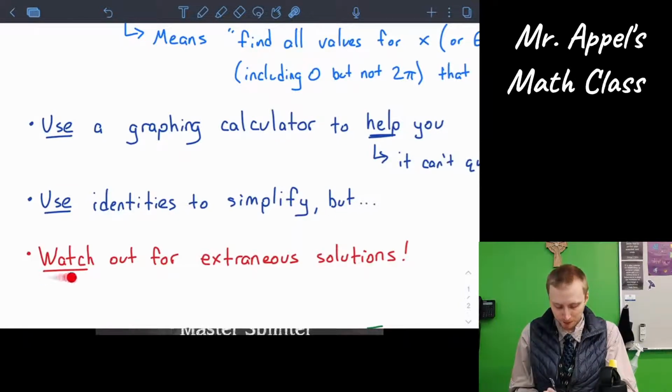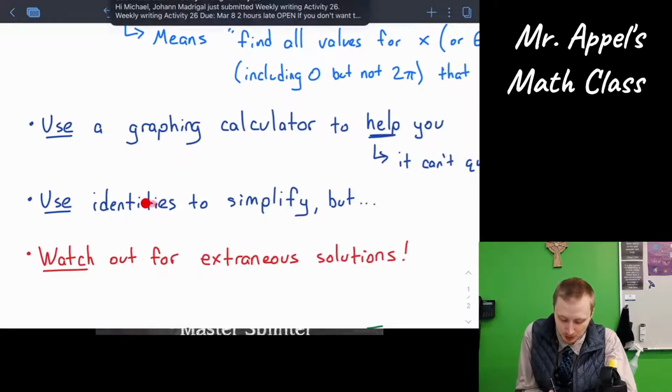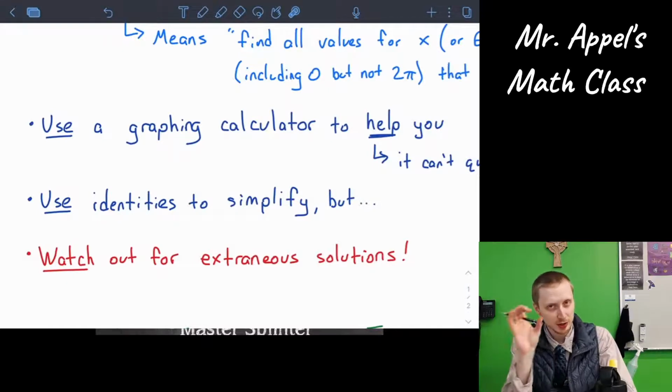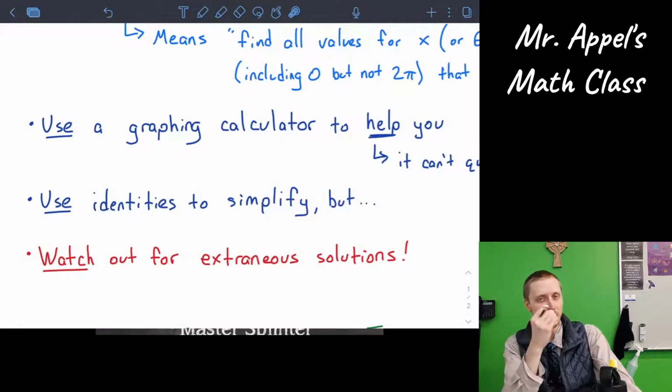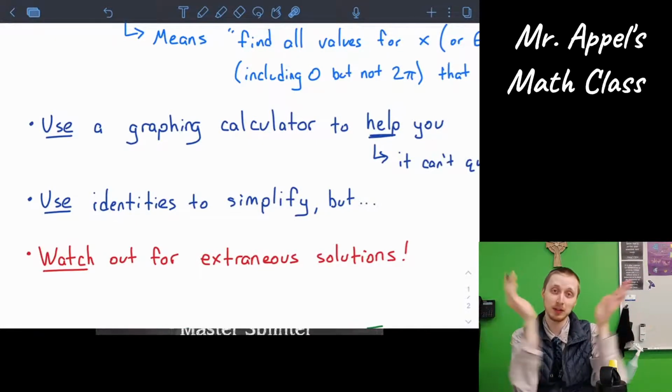But do be careful. I put it in bright red for you. Watch out for extraneous solutions. Especially when you use the trig identities, you are potentially changing the valid domains. The identities are equivalent, but not always equivalent for every possible value. They have their limitations.